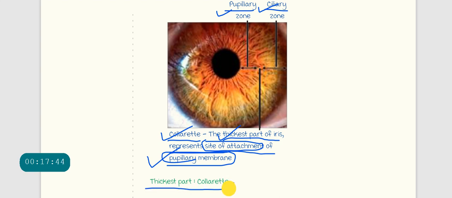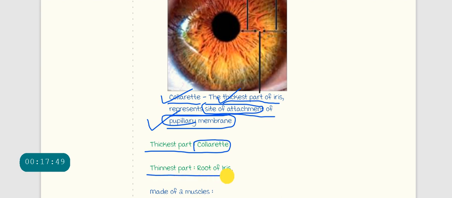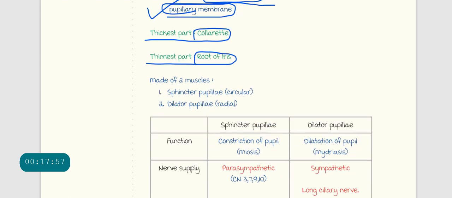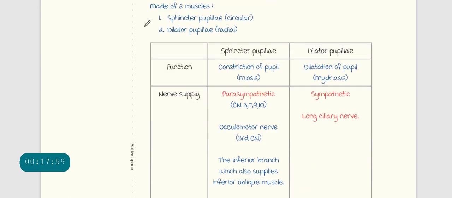There are two muscles. The pupil is controlled by these two muscles named sphincter pupillae and dilator pupillae. Sphincter, the name itself suggests it is circular in shape. Dilator pupillae, the name itself suggests dilation is the function, and it is radial in shape.